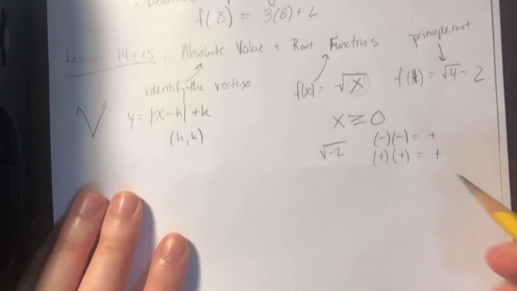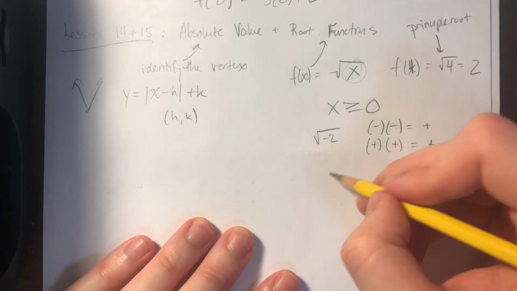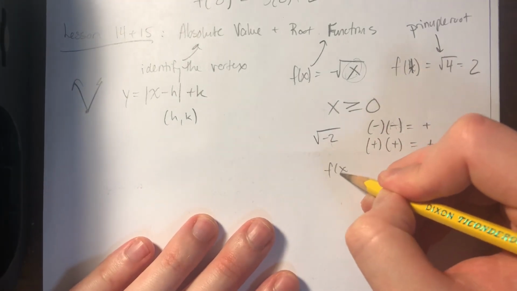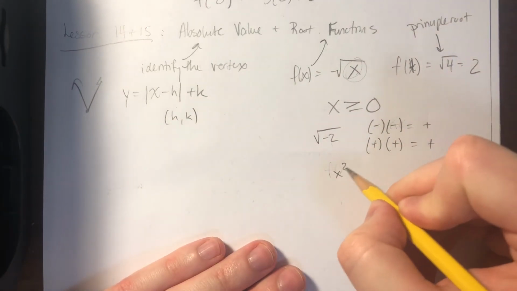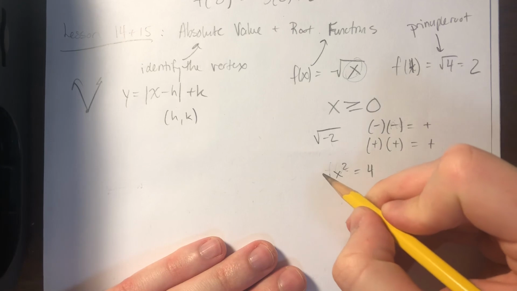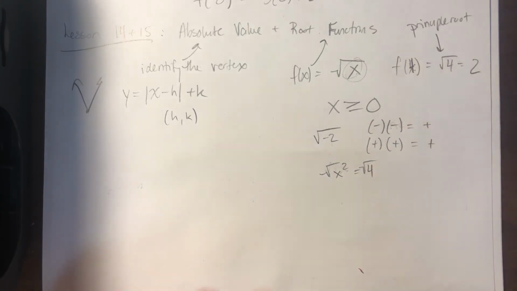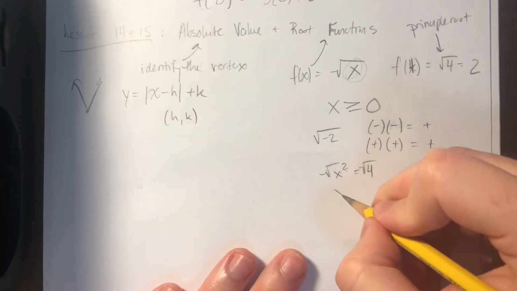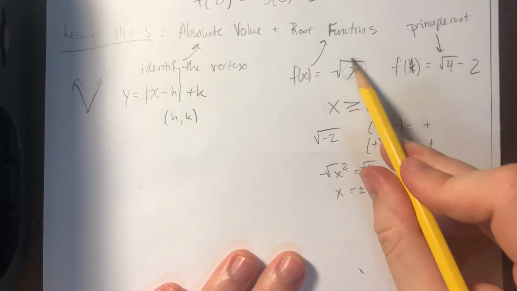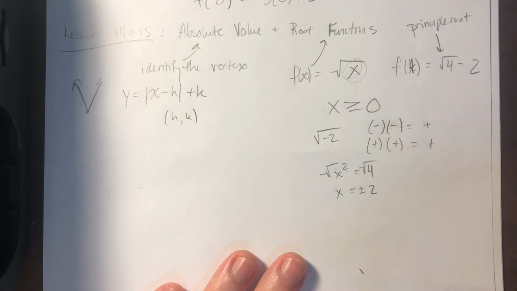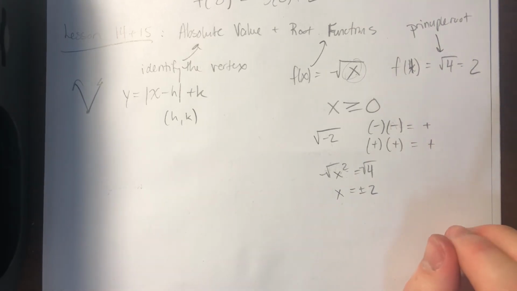We did some problems earlier in the year where we did x squared equals 4. When I bring the radical into it, right, it wasn't there to begin with, I brought it in, now we can get plus or minus 2. When it's already there, when you see the radical already written out, it's only talking about the positive roots.